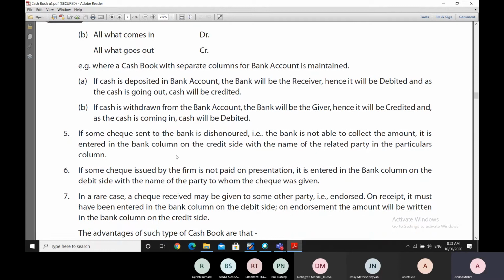So in case of a dishonored check, we will enter it on the credit side in the bank column of the cash book.